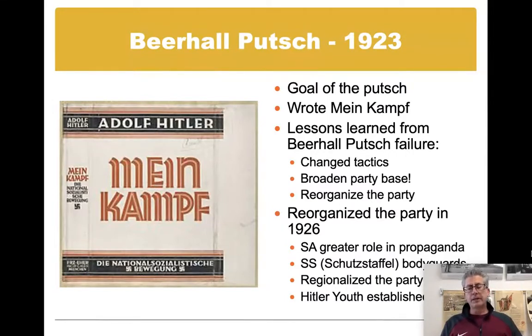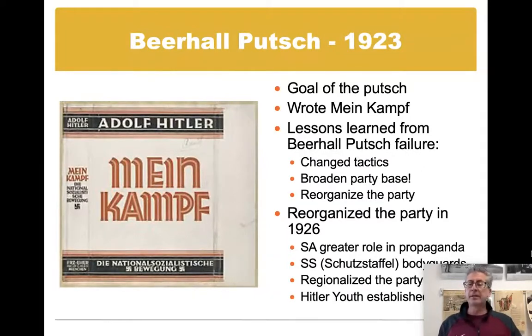Now, the lesson that Hitler and the Nazis learn from the failure of this beer hall putsch is that they are going to have to change their tactics. They have to move away from violent overthrow of the government and try to go through legal means to secure power.